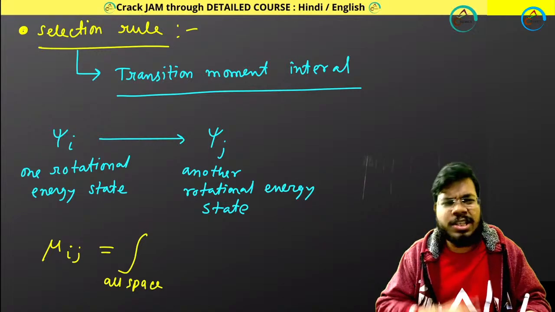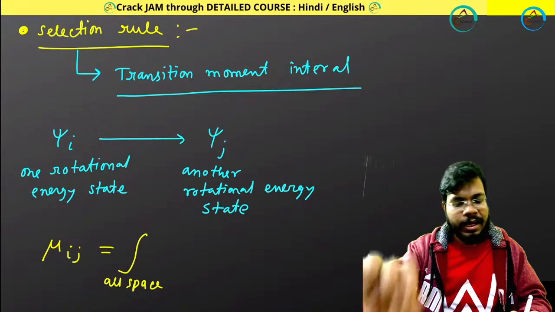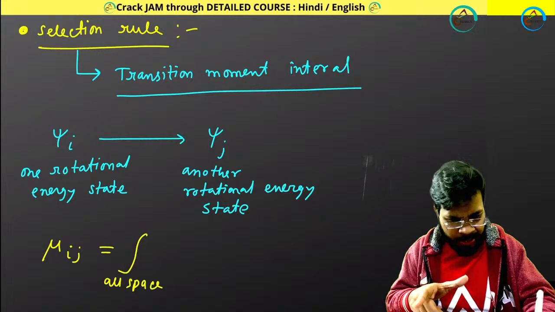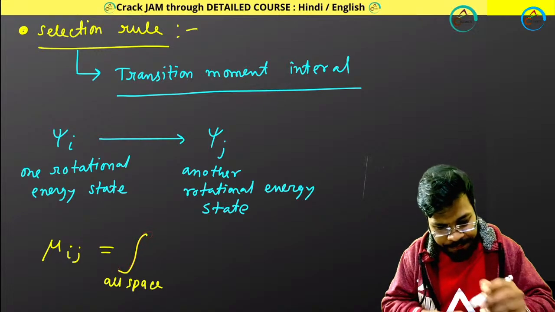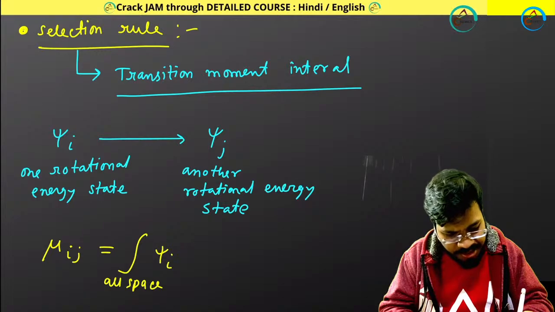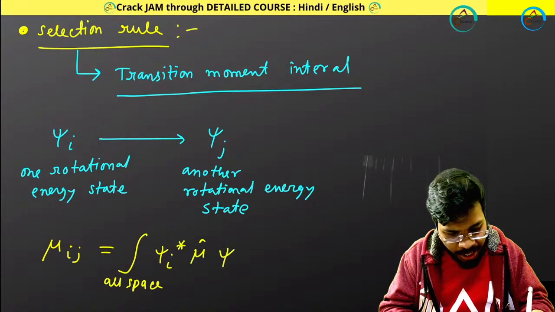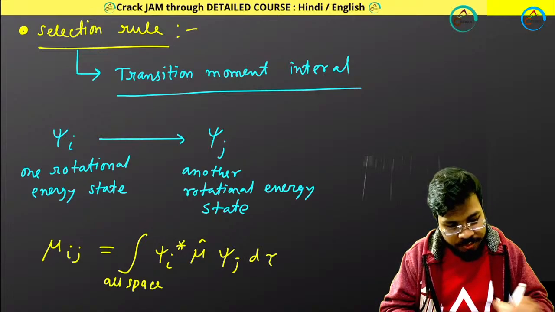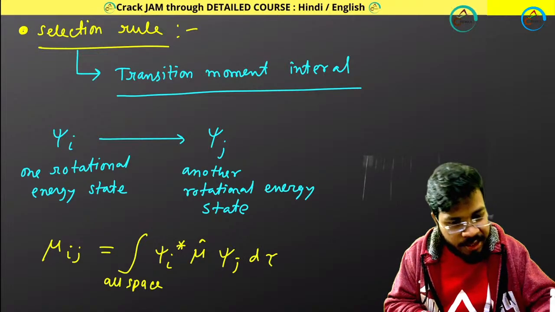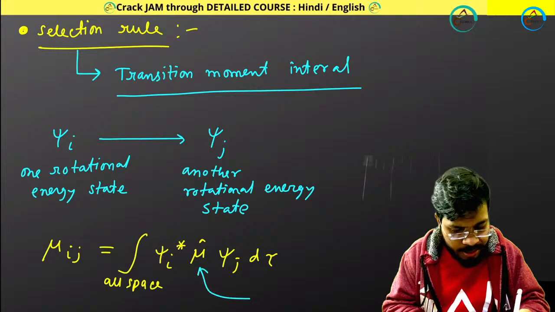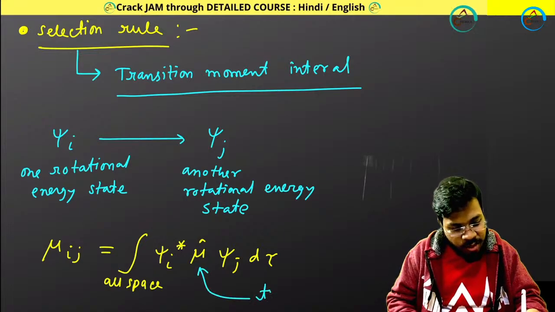Whatever space is present in the corresponding quantum mechanical calculation, consider only the integration. Then psi i star, mu cap, psi j, d tau. Here, do you know what this mu is called? This mu is called the transition moment operator.